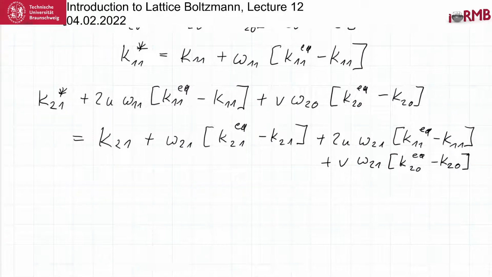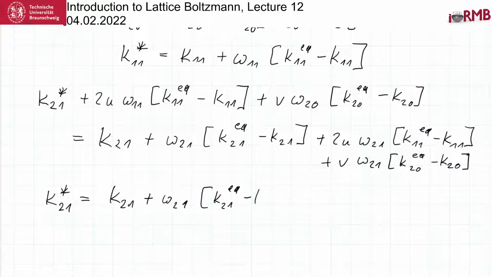Okay, so now, if we put everything on the right-hand side, we can rewrite this as K2,1 after collision is equal to K2,1 before collision plus omega 2,1 times K2,1 equilibrium minus K2,1.